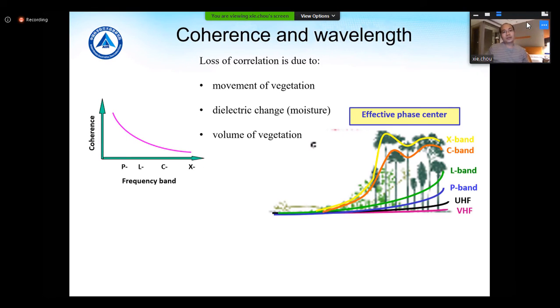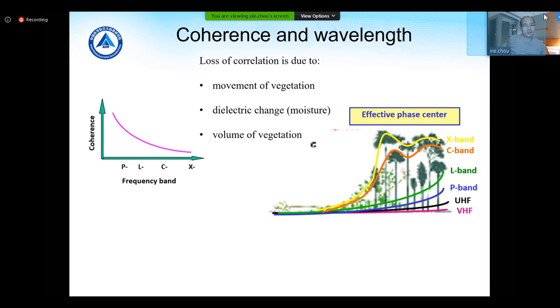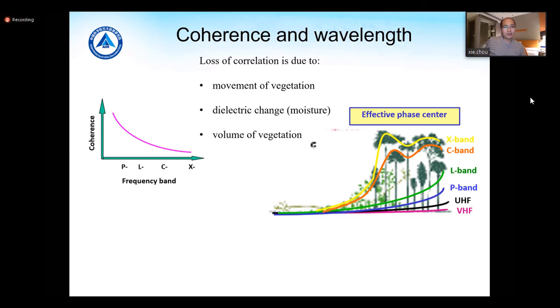This figure clearly shows that with the increase of the frequency, the coherence is lost greatly.